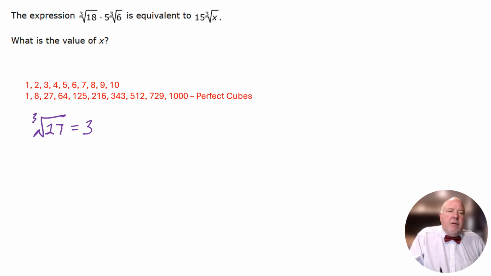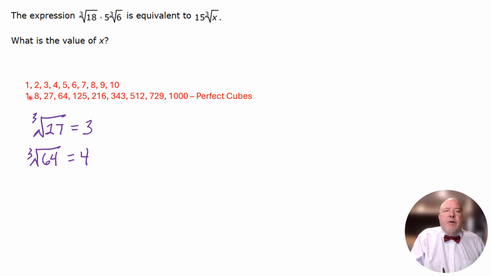If we look at the cube root of 64, that would be equal to 4, because 4 times 4 times 4 equals 64. So when you're simplifying radicals that are cubes, it's really nice to know these numbers and not have to think about them.